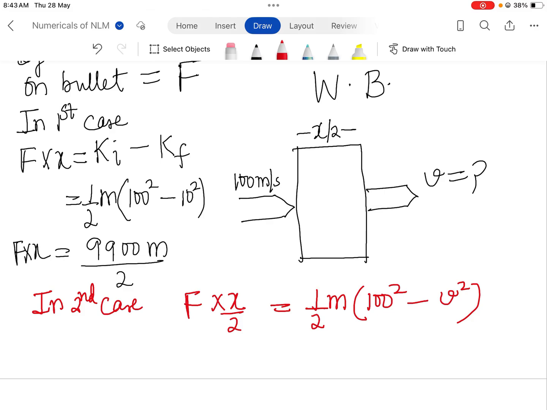So see here, in place of F into x, we can write this. So already there is a 2 in the denominator.